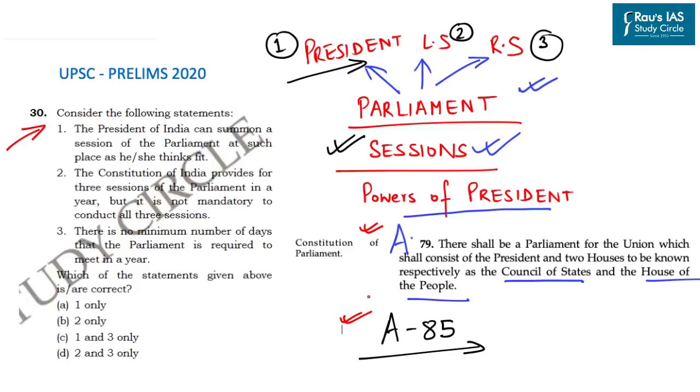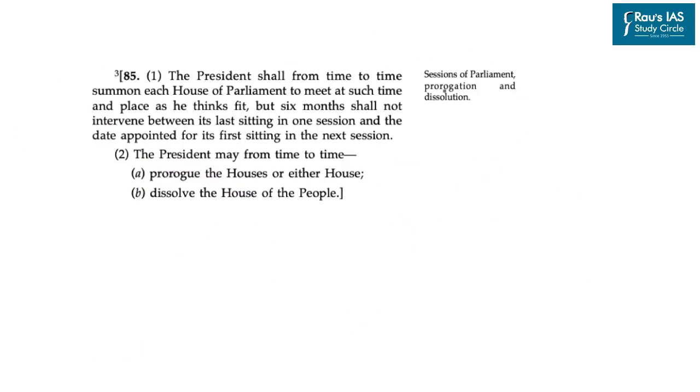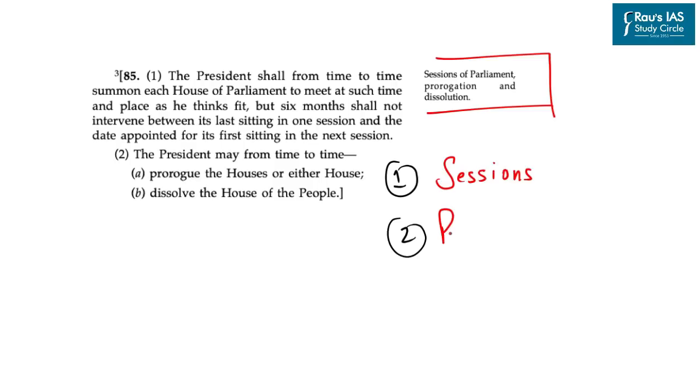Let's go through Article 85 first, and then we shall try to understand what these different statements are actually saying. So, Article 85 mentions about sessions of parliament, prorogation, and dissolution. So, it mentions about three things: sessions of parliament, prorogation of parliament, and dissolution of parliament.